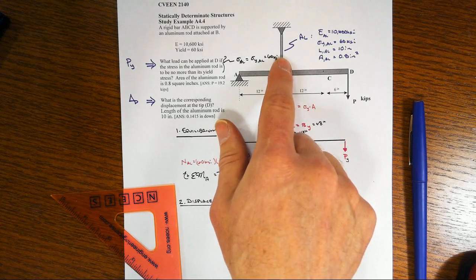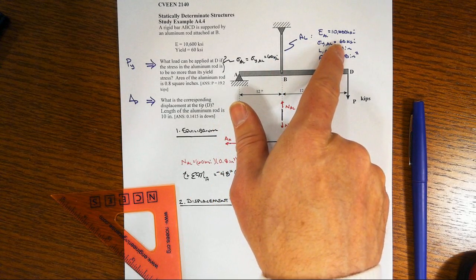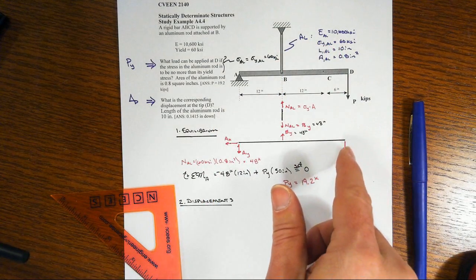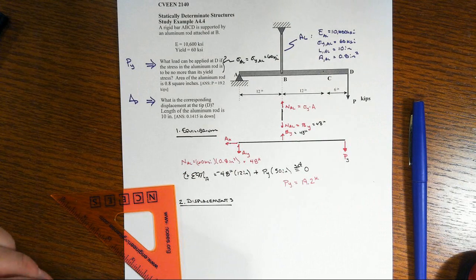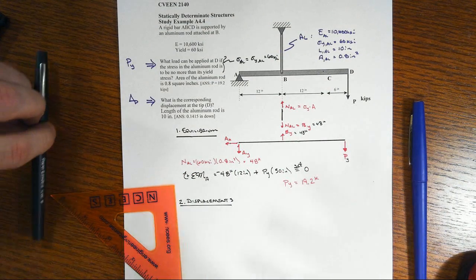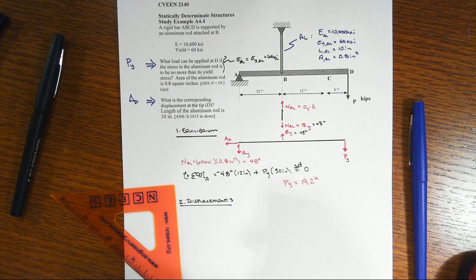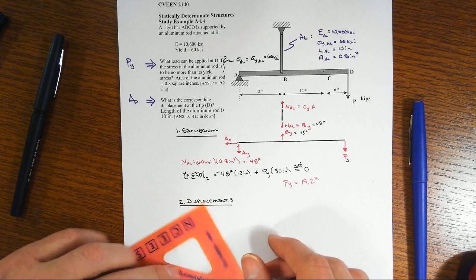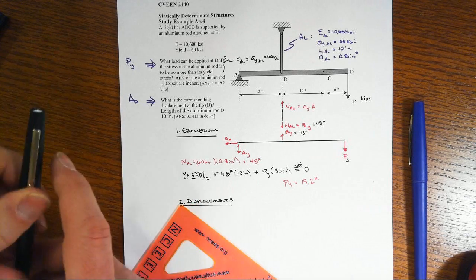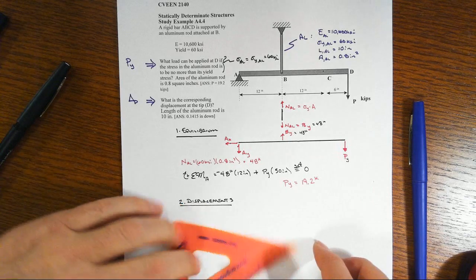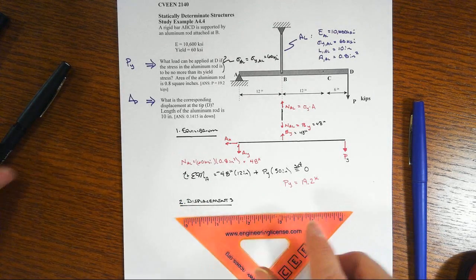If the material has the same compressive yield stress as the tensile yield stress, then we could switch that force around and it would be exactly the same answer, so long as we're not including the effect of buckling once we put that rod into compression. When we get into the displacement side of things, we need to create a displacement diagram.